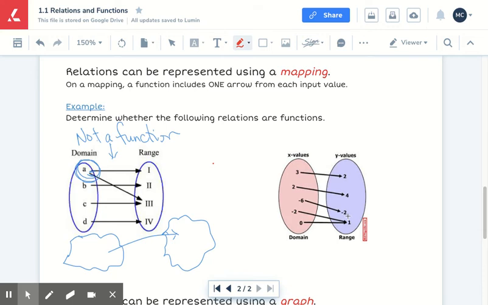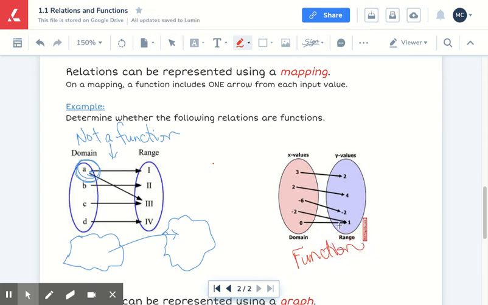Negative 6 goes to negative 2, so again, only one arrow coming from negative 6. Negative 2 goes to 1, so only one arrow coming from negative 2. And 0 goes to 1, so only one arrow going from 0. So for each of our input values, there's only one arrow coming off of it. So this one is a function.